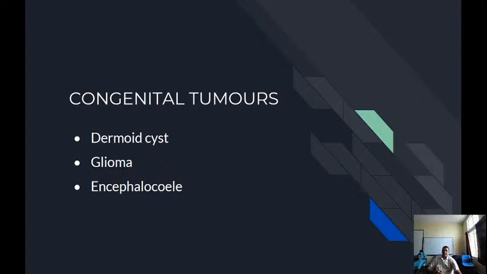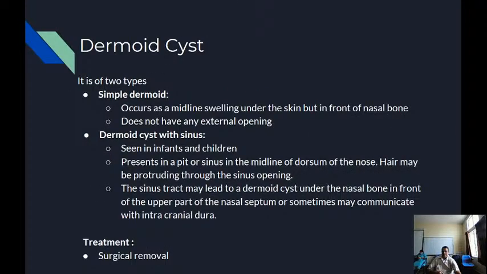So let's first briefly understand the dermoid cyst. Dermoids are present mostly in the midline, where the fusion of the ectodermal elements gets submerged and gives rise to these kinds of dermoids. Basically they are usually classified as midline swellings.